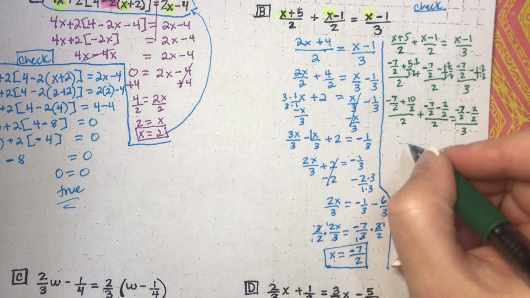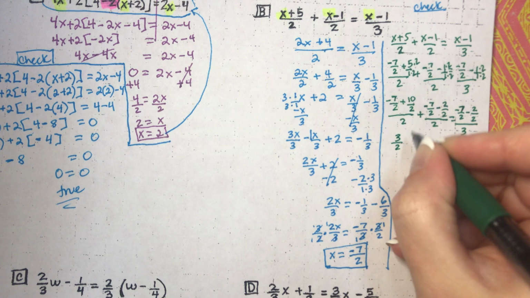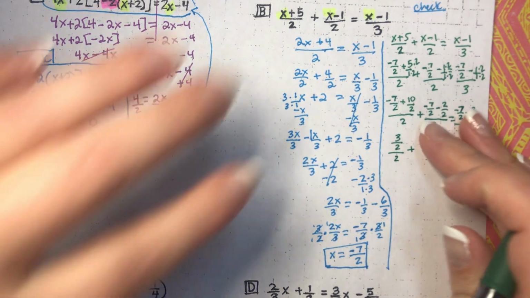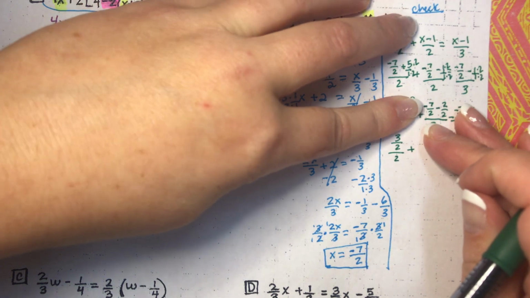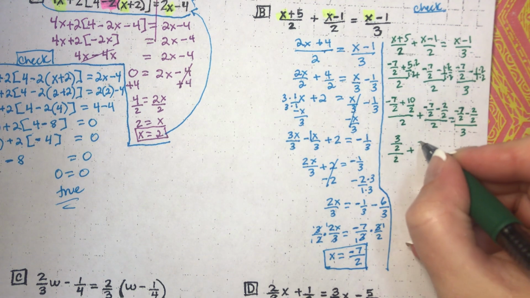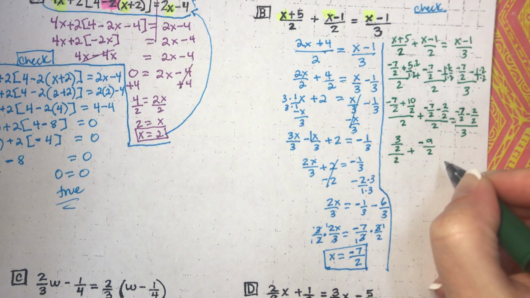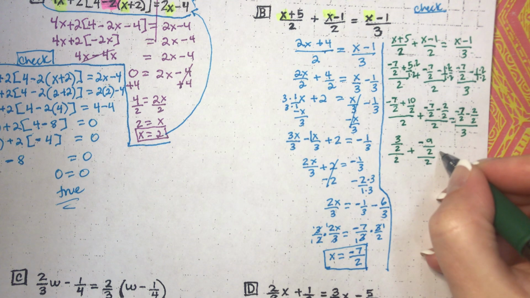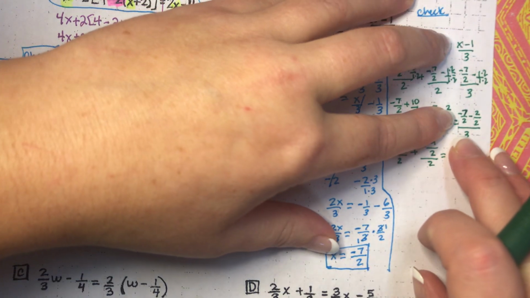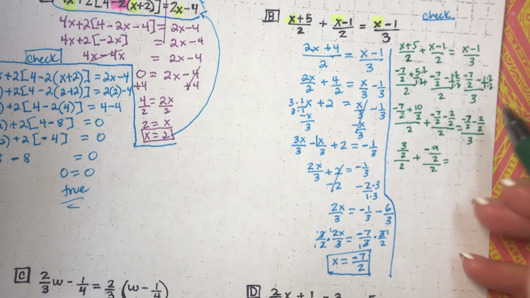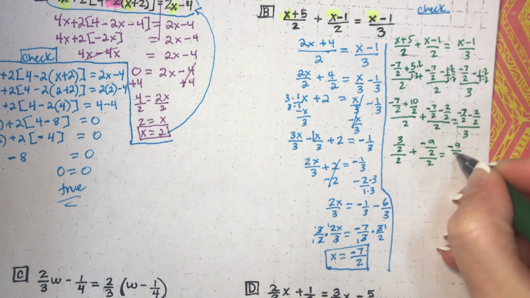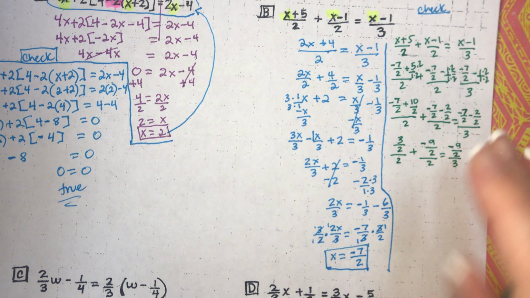So this bit right here equals 3 over 2 divided by 2 plus, we just do this bit right here, have a common denominator, so it's basically negative 7 minus 2, which would be negative 9 over 2 equals, and then this last little bit here, negative 7 over 2 minus 2 over 2, common denominator, so we just go negative 7 minus 2, which is negative 9 over 2 divided by 3.